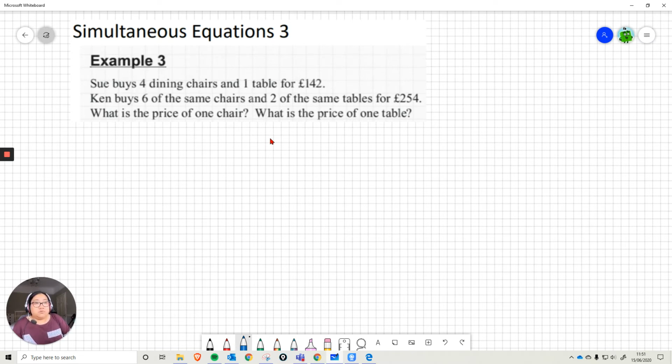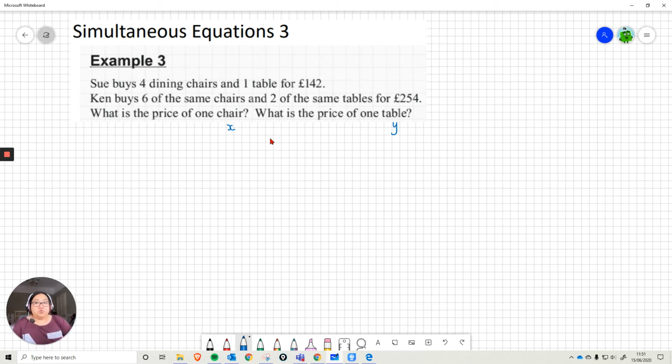I'm just going to stick with X and Y, and I'm going to call the chair X and the table Y. Now, we're working out the cost of these items, and if, for example, a chair was £50 and you buy 4 chairs, you would do 4 times 50. Because we don't know the cost of the chairs, it's going to be 4 times X.